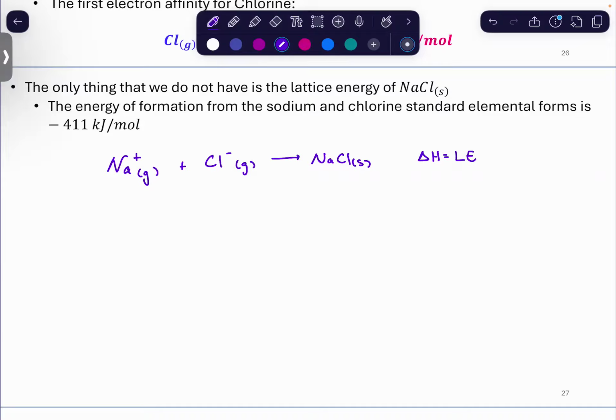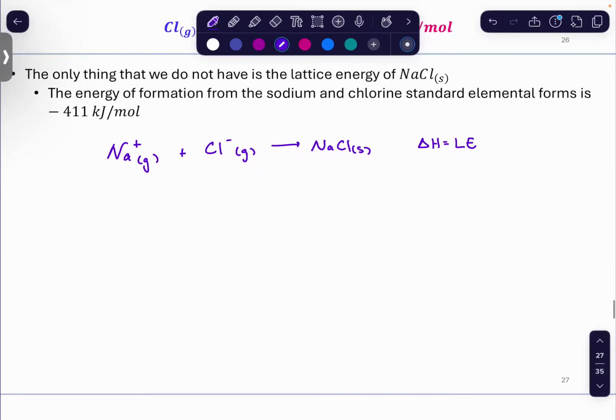Okay, so what do we want? So we're trying to get from this equation to the overall formation equation. Okay, so let's put up the atomization, because that'll get rid of the sodium atoms.